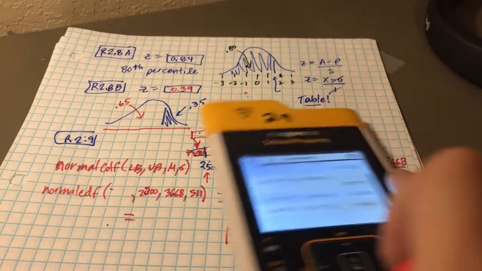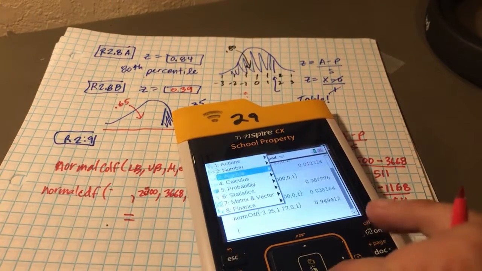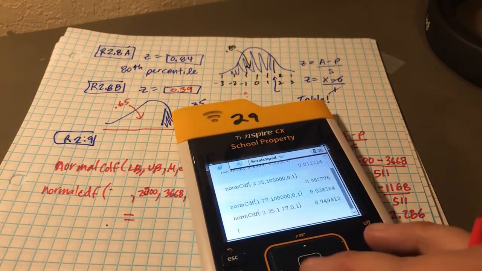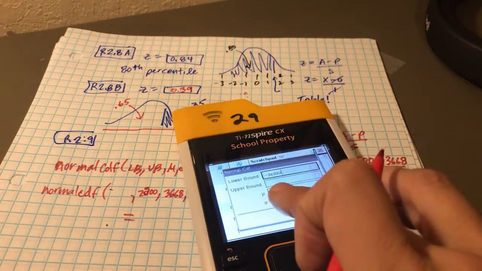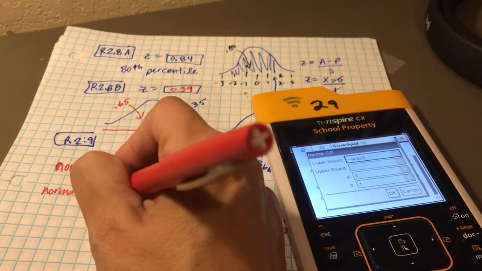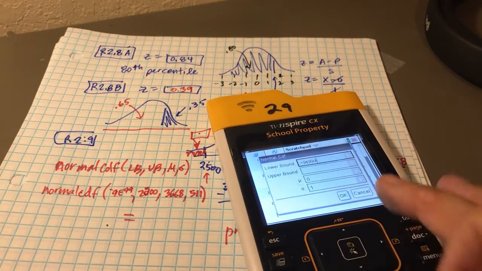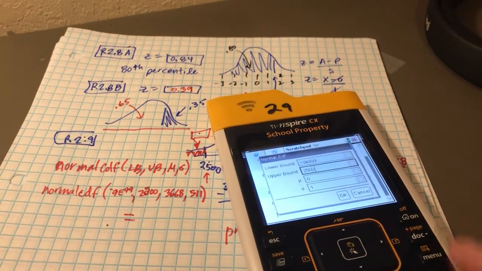So let's do that. I'm going to go normal CDF. Lower bound. I'm going to leave in that really negative number. And then the upper bound is 2,500.